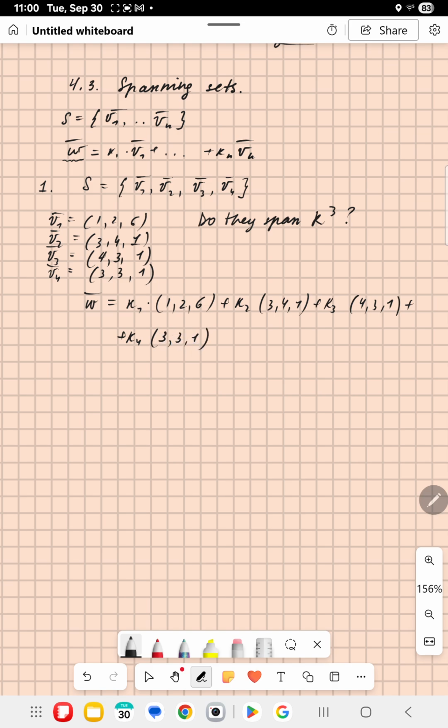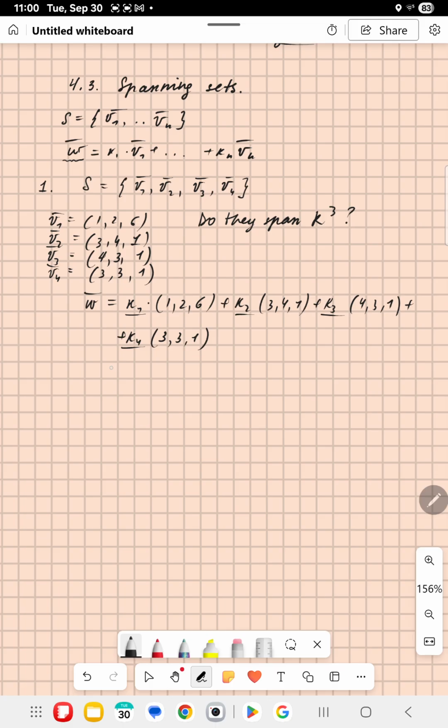So generally speaking, if we can express any vector in 3-dimensional space as a linear combination, if we are able to find such K1, K2, K3, K4, then yes, it spans. Well, let's check it. Can we do it? What we need to do is multiply each k by each component and then add them together.